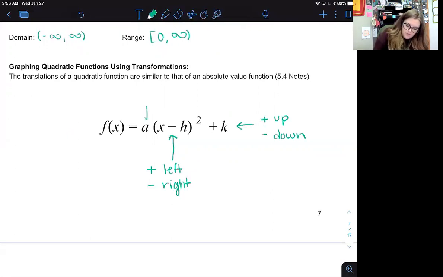Then our a value in front, we have a couple of things that come from that. If the absolute value of a is greater than 1, we have a vertical stretch. And if a is in between 0 and 1, then we have a vertical shrink.